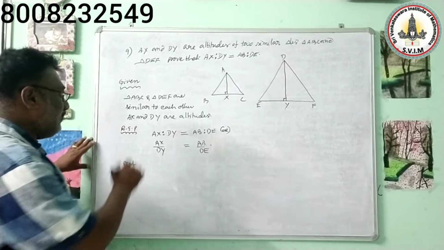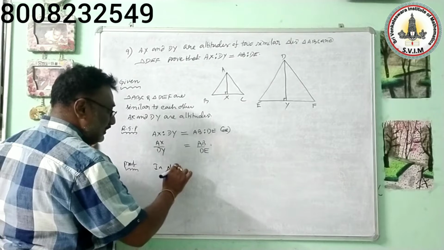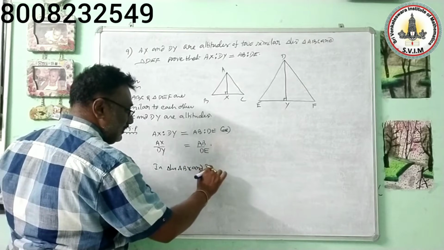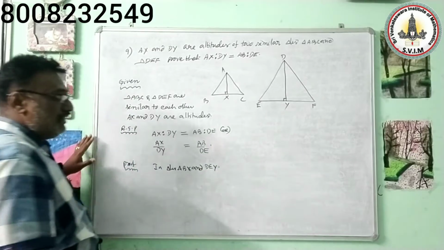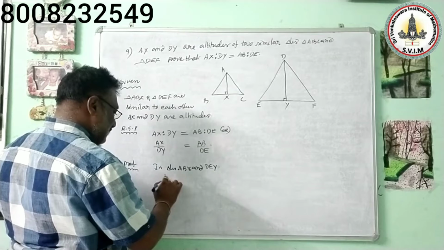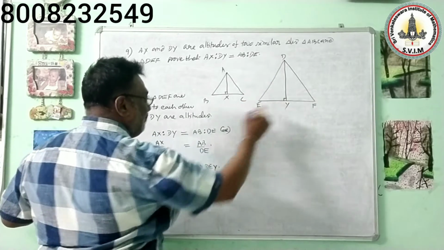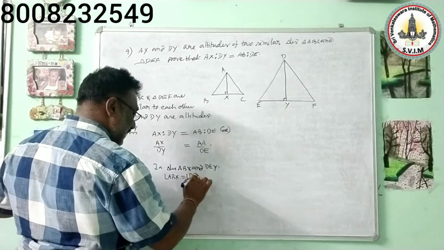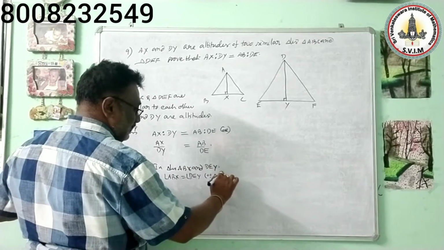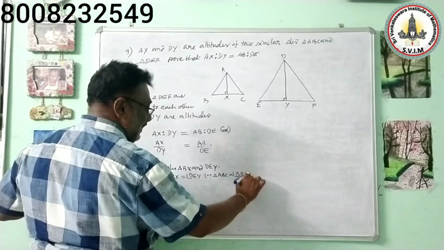So now listen to me. In triangles ABX and DEY, in these two triangles, angle ABX is equal to angle DEY, because triangle ABC is similar to triangle DEF.